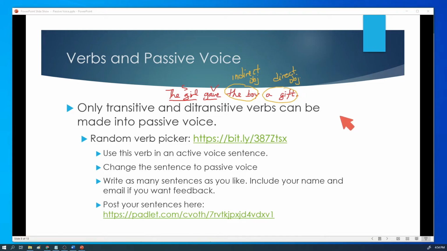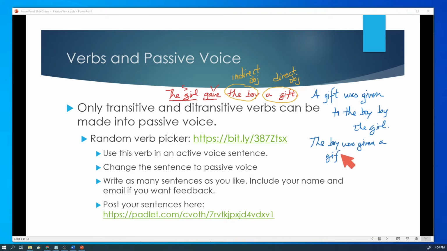So now I can change the sentence to be a gift was given to the boy by the girl. Or I can say the boy was given a gift by the girl.